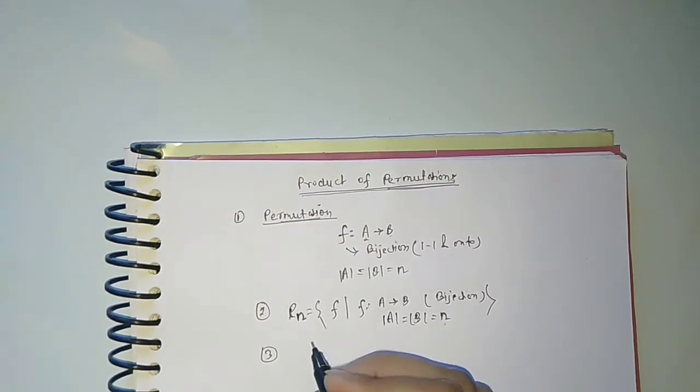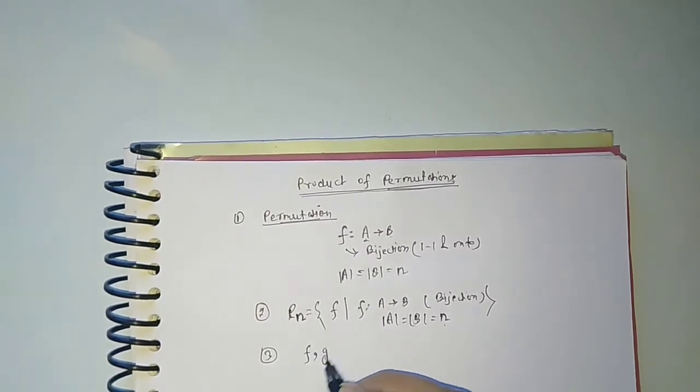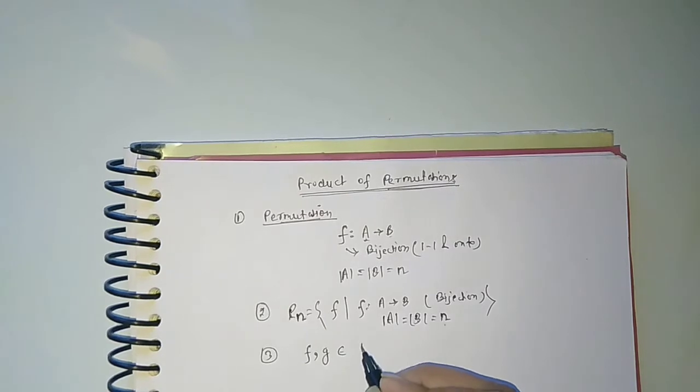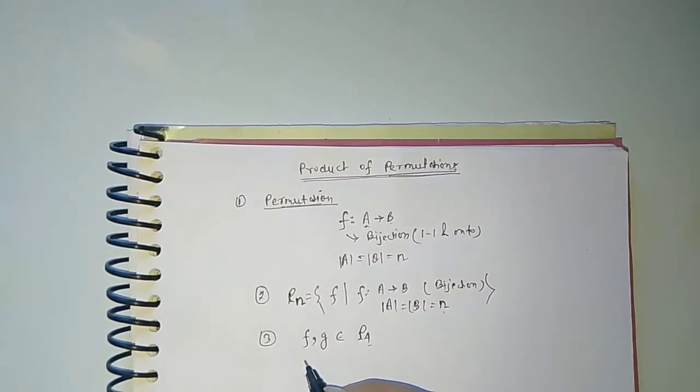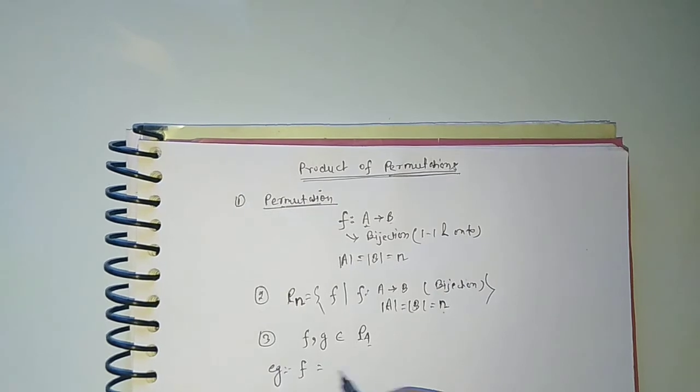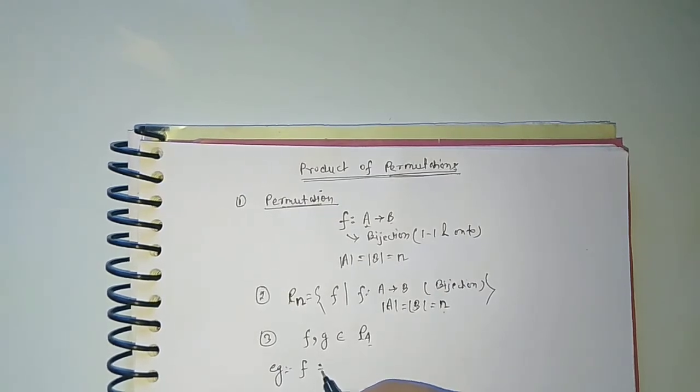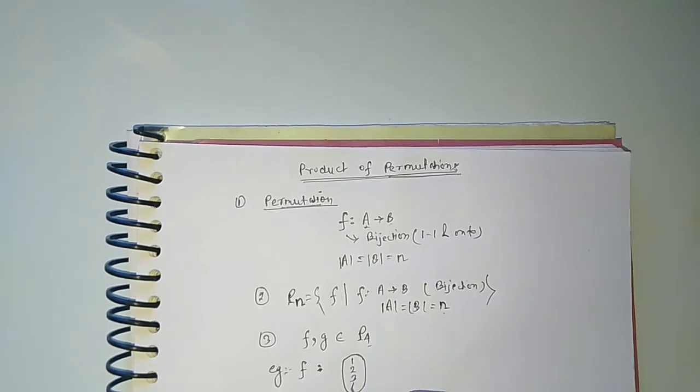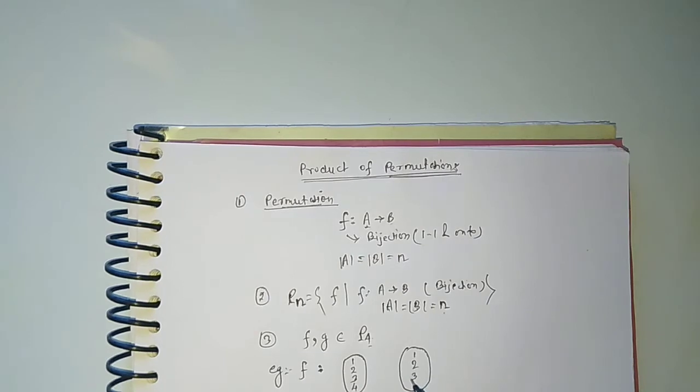Now if we take two permutations, say F and G, from P4, that is the set of all permutations on 4 symbols, then as an example of F, it is from the set 1 2 3 4, that is 4 symbols here, to 1 2 3 4.